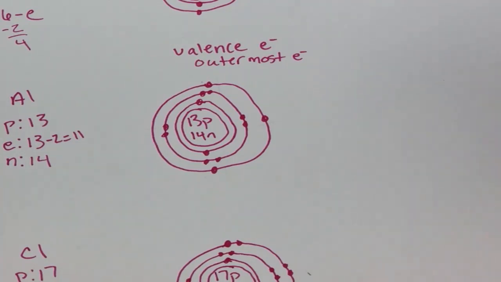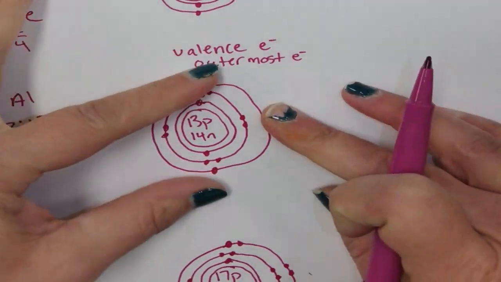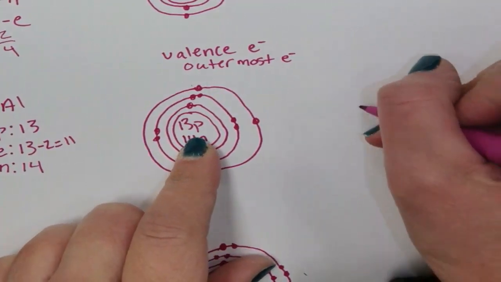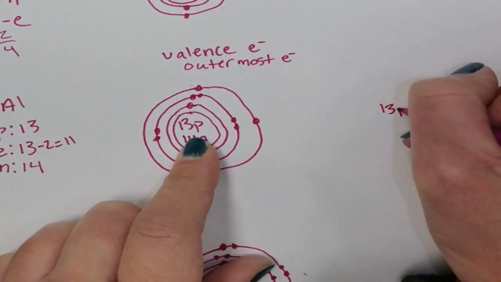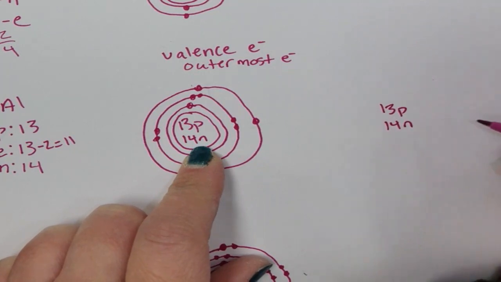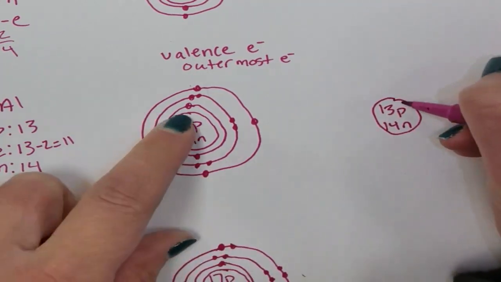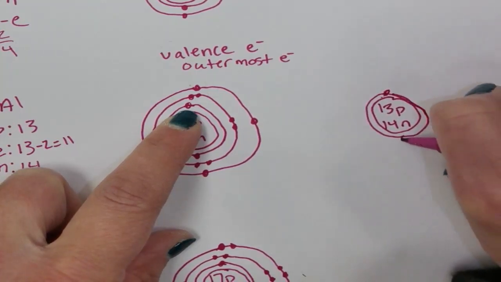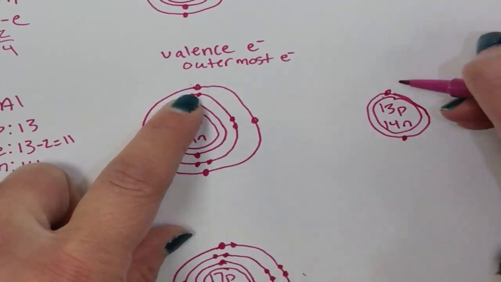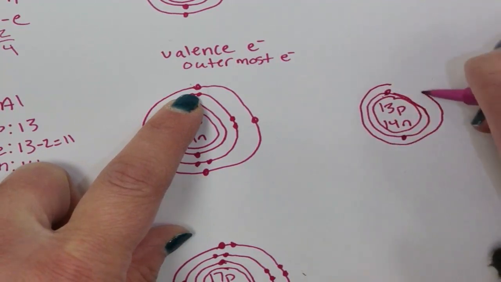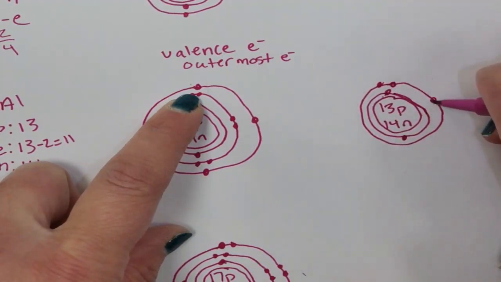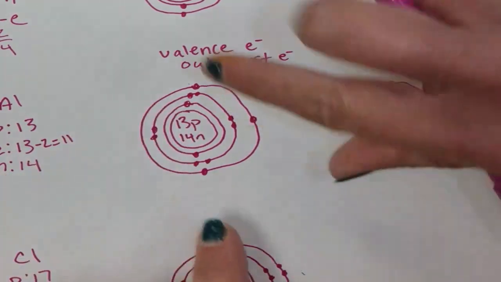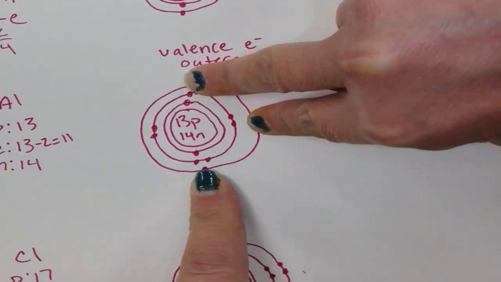So if aluminum loses 3 electrons, what are we left with? The 13 protons are still in the center. The 14 neutrons are still in the center. There is still the first energy level with 2 electrons, and there is still the second energy level that had 8 electrons. So aluminum simply lost these 3 electrons.